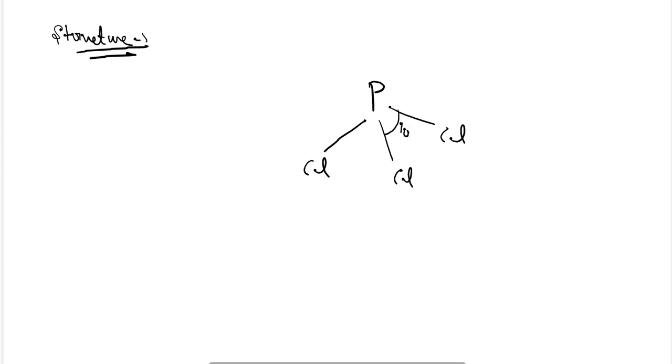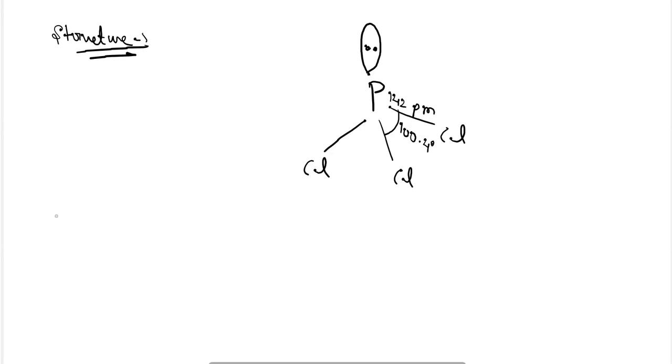So due to that reason, the angle between the chlorine atoms here will be larger in comparison to that of phosphine. Okay, but the bond length is nearly similar to that of hydrogen. Okay, and it is also forming a trigonal pyramidal structure.